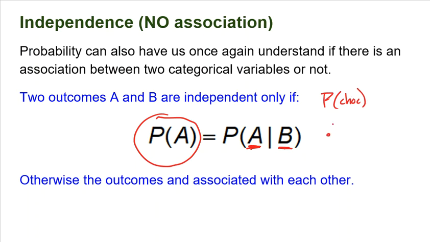Well, maybe we do a study, we find out that 35% of people love chocolate. Then we say, all right, let's still look at chocolate, but let's look at females. Of the females, what proportion love chocolate? Now, if it's still 35%, well, that means being a female had no impact on liking chocolate. That means they are independent. But if the probability of liking chocolate given you're a female skyrockets to 70%, well, obviously there is an association. Being a female directly impacted liking chocolate.